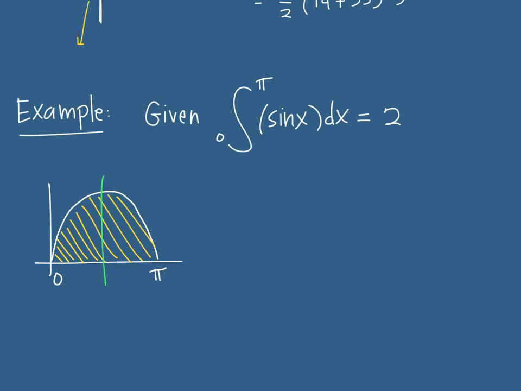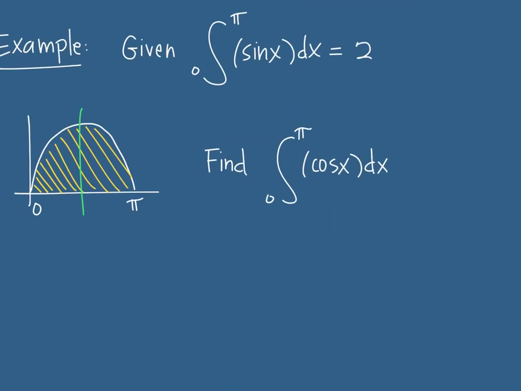And so given that, you might be asked to find then, what is it from 0 to pi of cosine? So then you're going to draw the cosine graph, which looks like this.